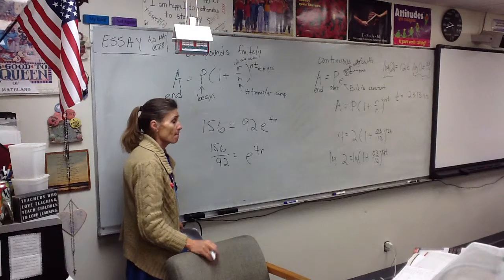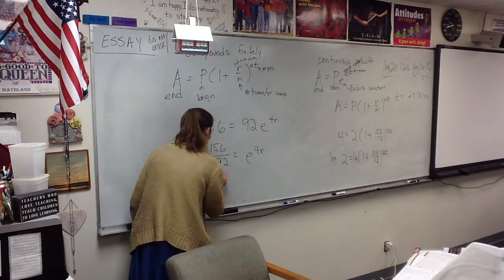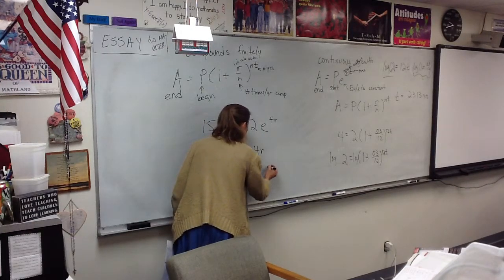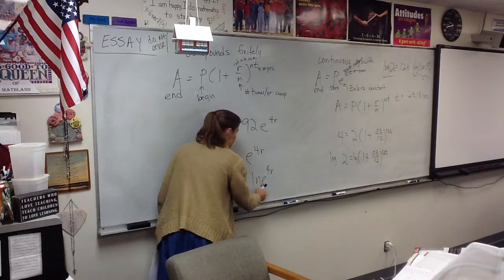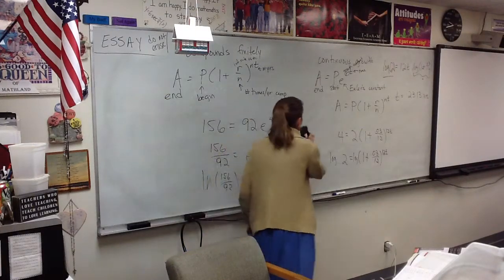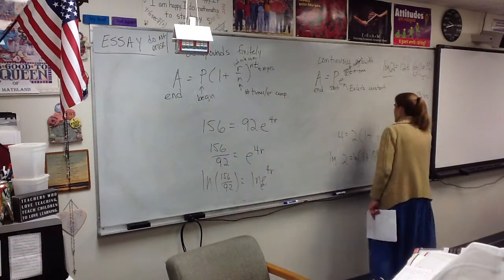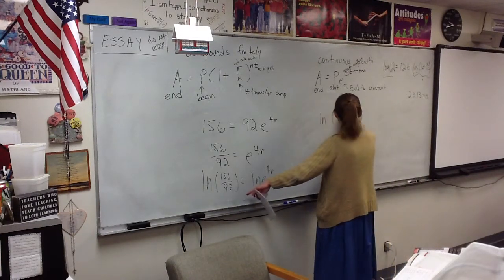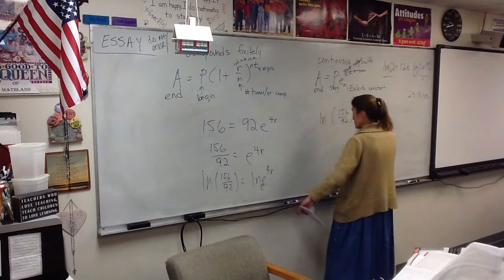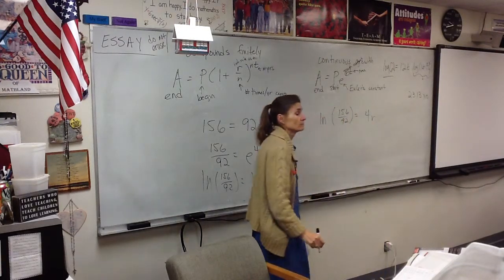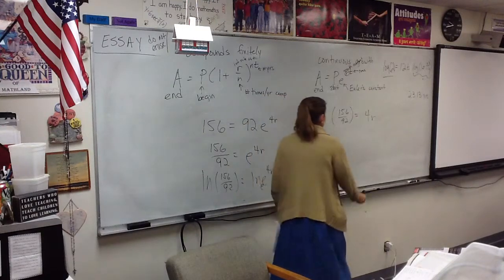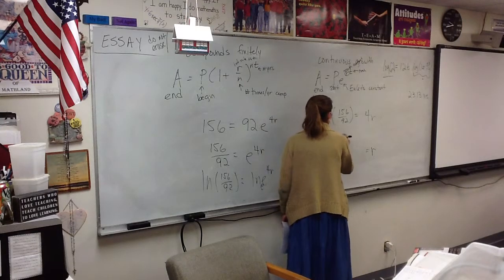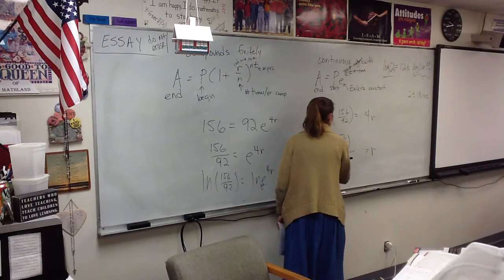Now what? ln both sides. You're choosing the ln because the log base e of e to the 4r is just 4r. So you aren't even going to need to take your logarithm over there. You're just going to have ln 156 over 92 equals 4r. So r will equal ln 156 over 92, over 4.